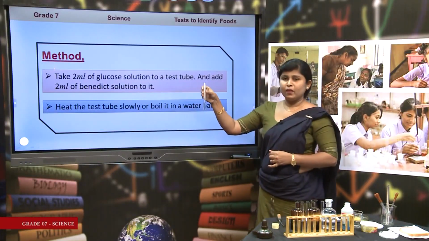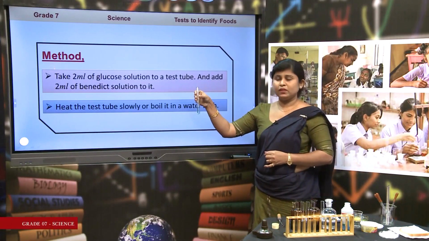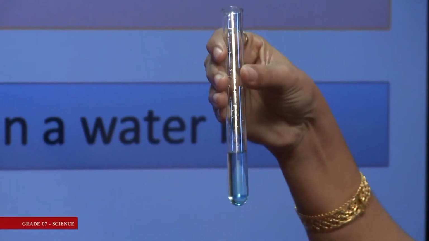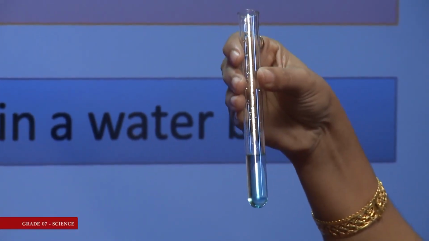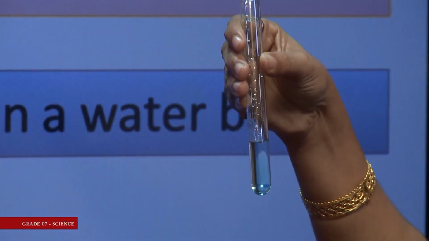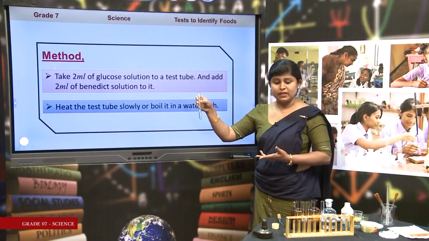Right. Now, I think you can observe the color of the mixture. The color of the mixture is blue. What is the color? Blue. Now, I am going to heat this solution using a spirit lamp.